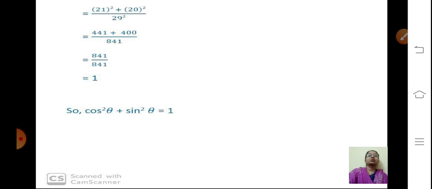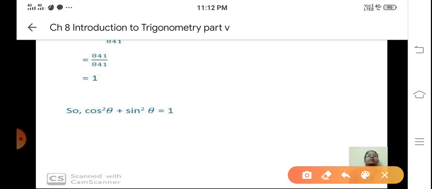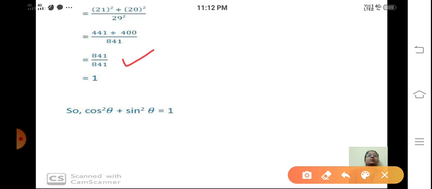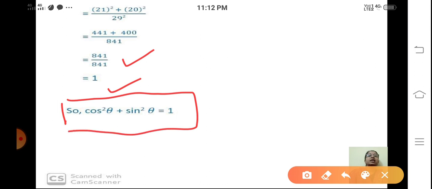So 21 square is 441 plus 20 square is 400, divided by 29 square, which is 841. Okay, so you add, you will get 841 upon 841, that is 1. So in this way we have proved this identity once again. Cos square theta plus sin square theta is equal to 1.